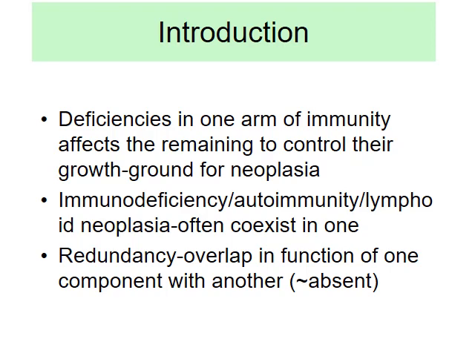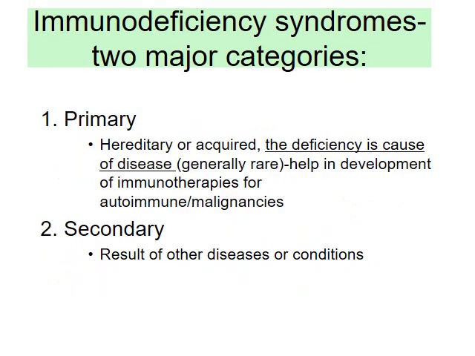So that's another important thing that you have to keep in mind when we talk of immunodeficiencies. Now, physiologically, we do divide them into primary and secondary. And when we say primary, what we are trying to say is that the deficiency is the cause of disease. So the deficiency itself is a disease, and most of the time is hereditary or acquired.